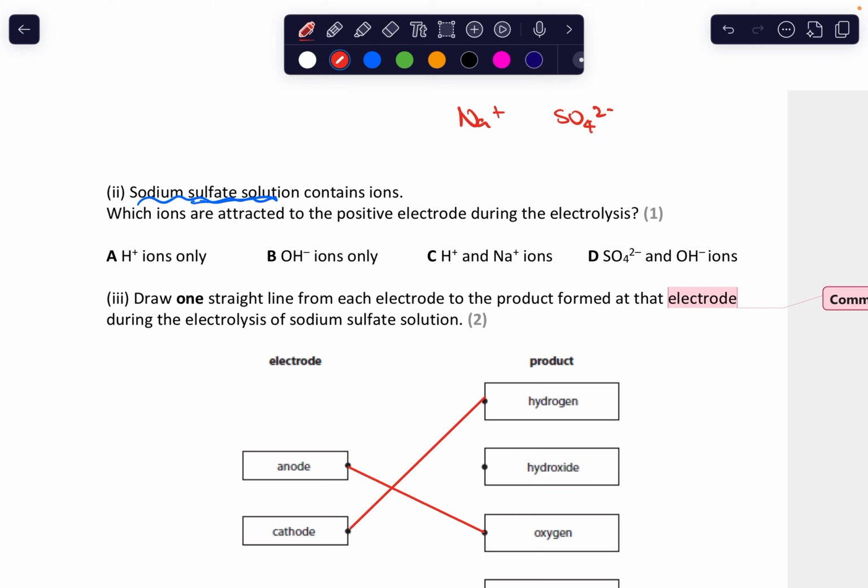Because it's a solution, remember, it means it's dissolved in water, so we'd also get H plus and OH minus ions. So what's going to be attracted to the positive? Well, opposites attract, so the negatives are attracted to the positive. So hopefully one of my answers is sulfate ions and hydroxide ions, which it is, it's option D.